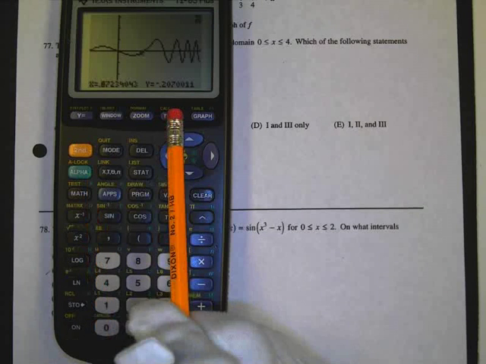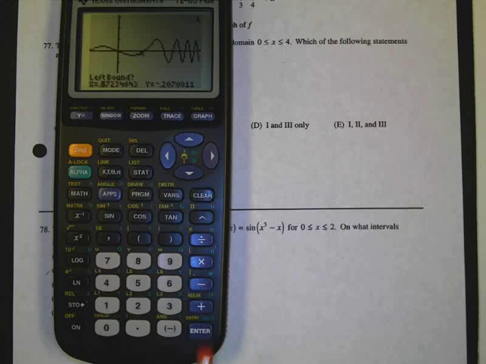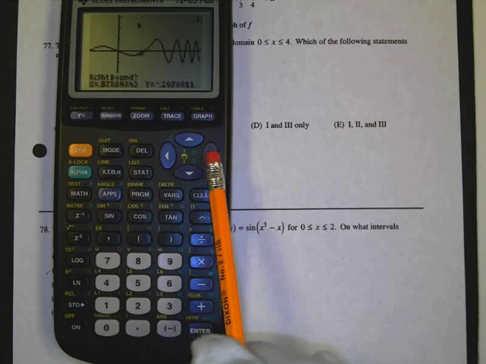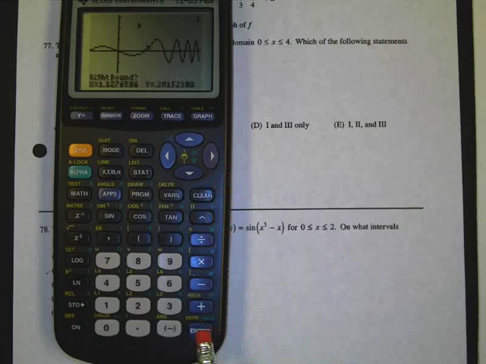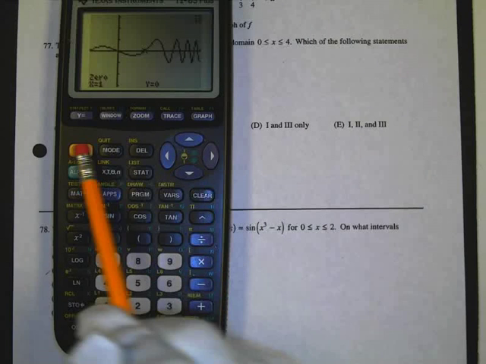Let's check that 0 first. We go second calculate, go to zero, enter. Left bound, that's okay, enter. And the right bound, enter, and see what that is. That happens to be 1. Well, that's easy to remember. So for that interval, the left bound will be 1.